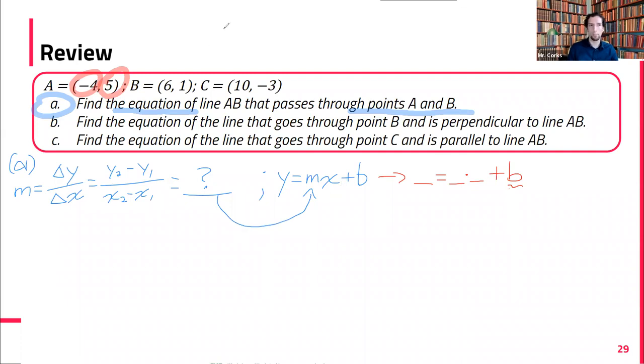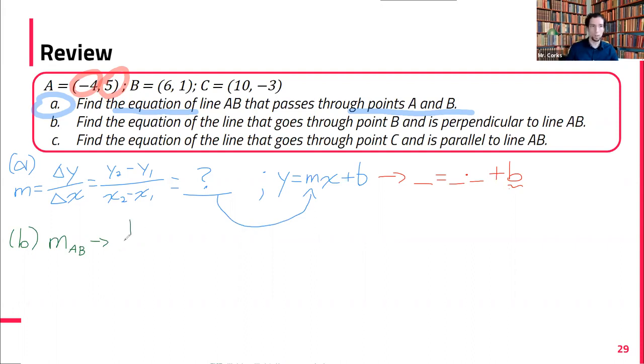How can we figure that out? First, find the negative reciprocal of the slope of AB, and then write the equation of the line and substitute the coordinates of B into the equation. So if we have the slope of AB, whatever that is, we just take the negative reciprocal.